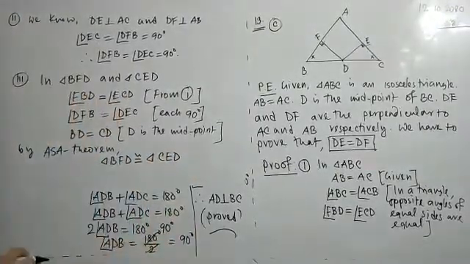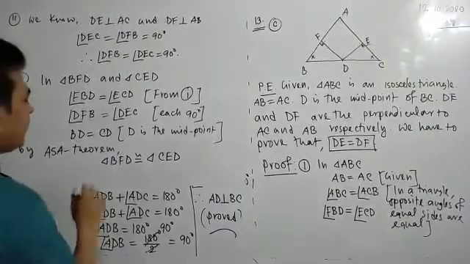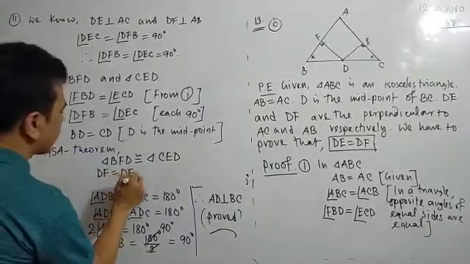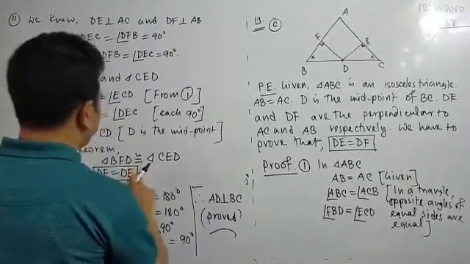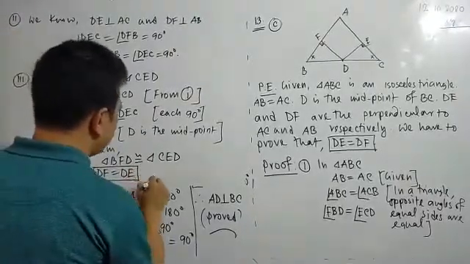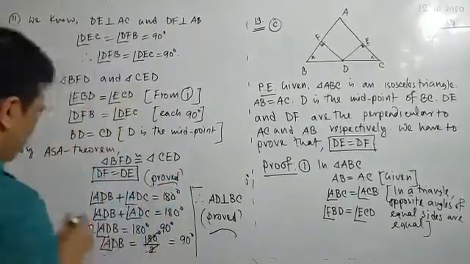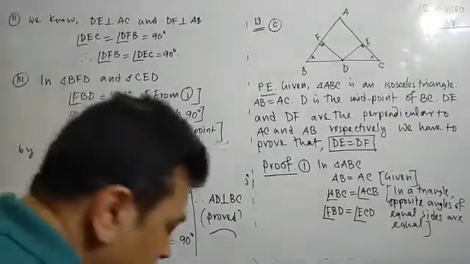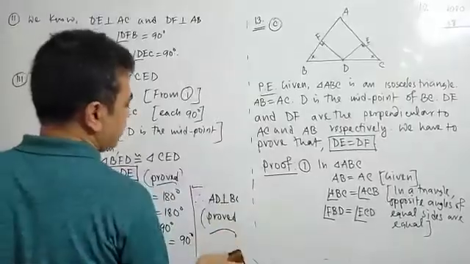Okay, if both of these triangles are congruent, we can say DF is equal to DE. That is our required point. Okay, so DF equals DE. There is a proof. I hope all of you understood. If you don't understand, just write in the comments where is your problem. I'll try to fix it.